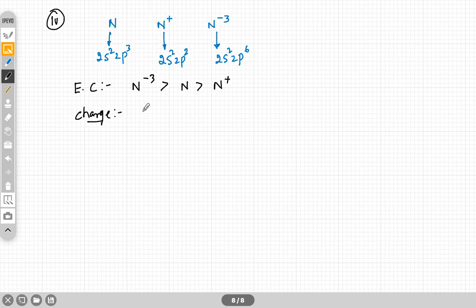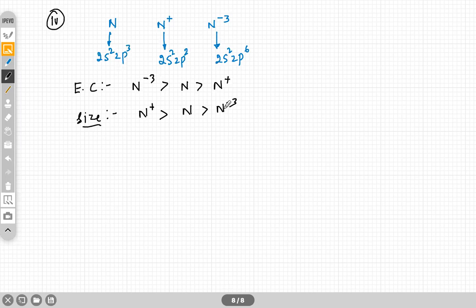So size factor, if you're considering, then the answer would be N plus would have the maximum ionization energy, then N, and then N minus 3. Correct? So we are getting the reverse order here.